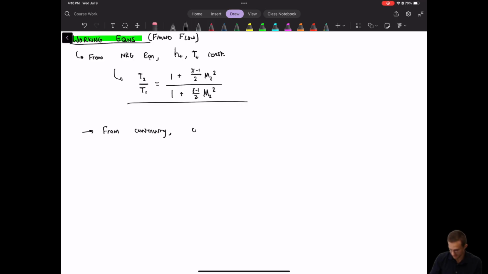From continuity, we know that rho v is constant, and remember this is because the area is constant. We've held the area constant for this type of flow for this analysis.